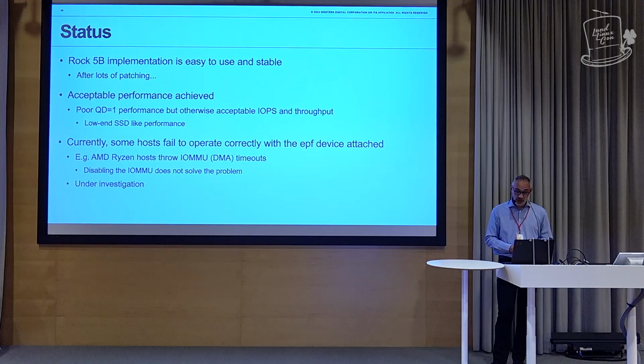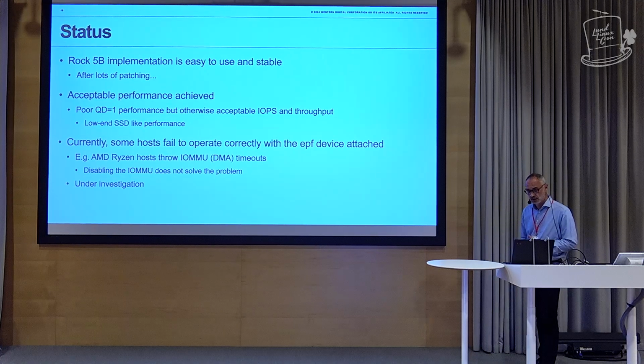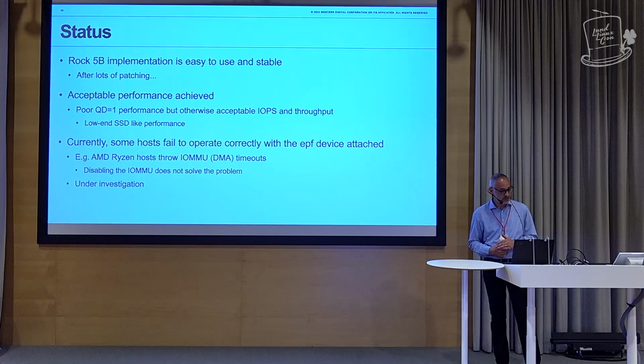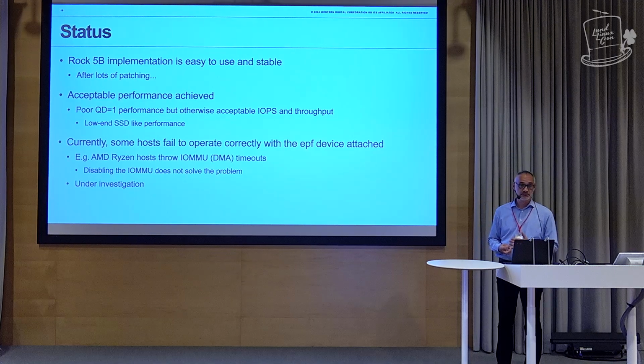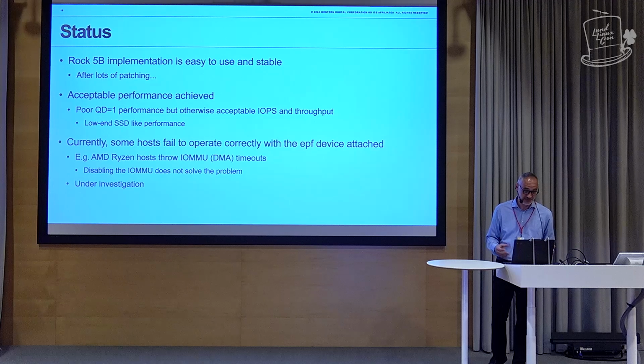The only thing we are still chasing as a big problem is that when you connect this to an AMD machine as a host, so we've tried different Ryzen machines as well as an EPYC machine, there is a problem, which is that the IOMMU gives you DMA timeouts. It just simply doesn't work. If you do the exact same setup on an Intel machine, it's going to work perfectly fine.